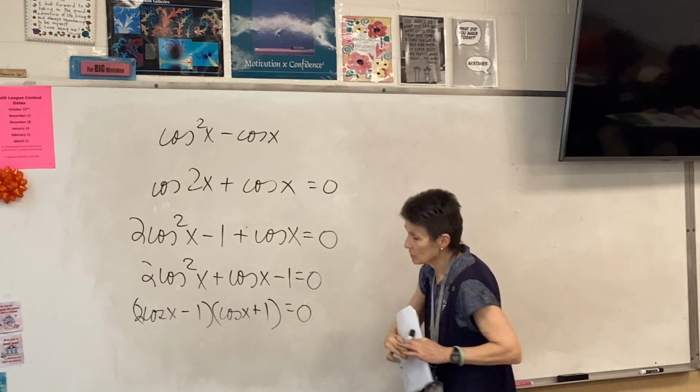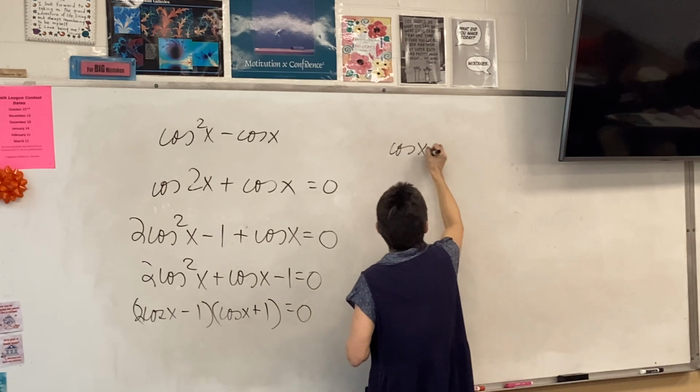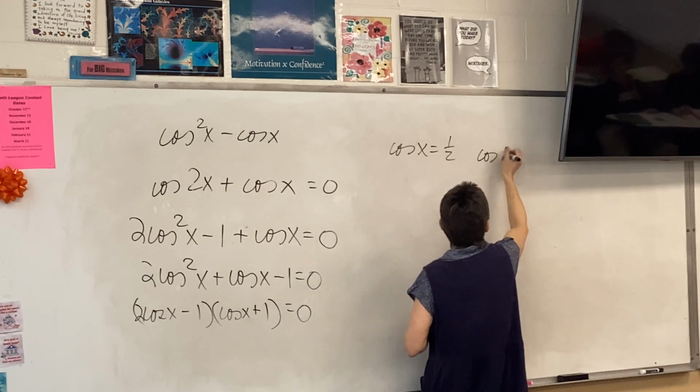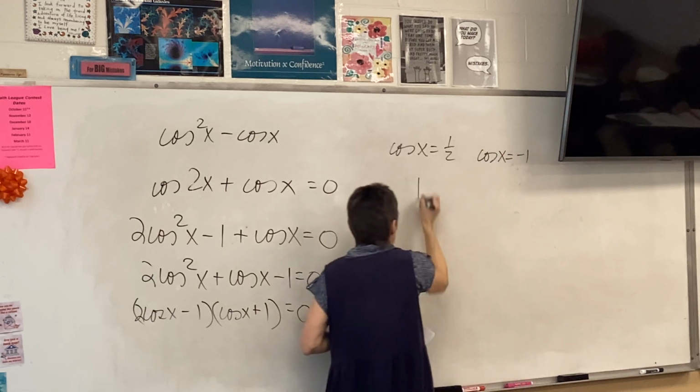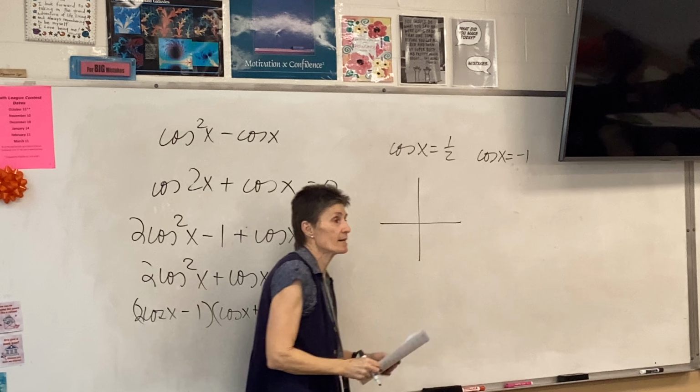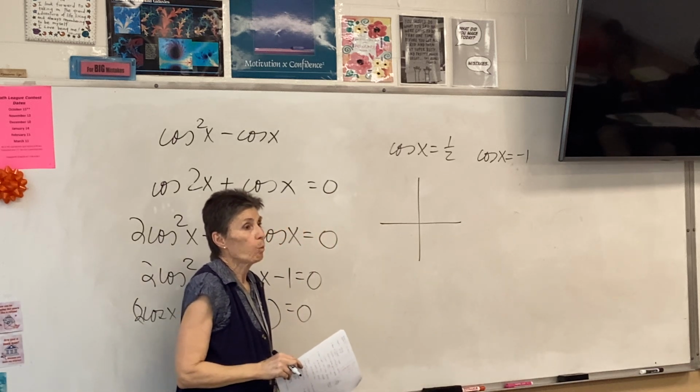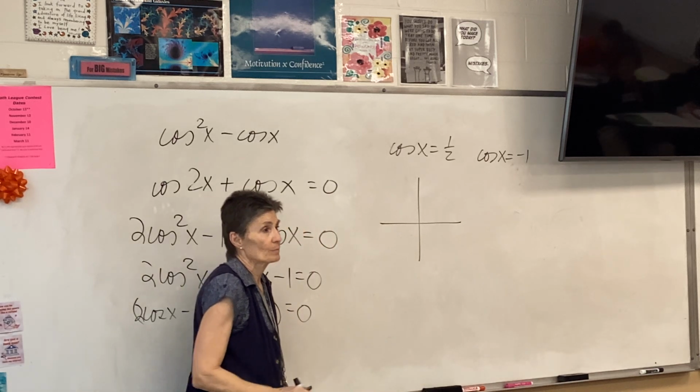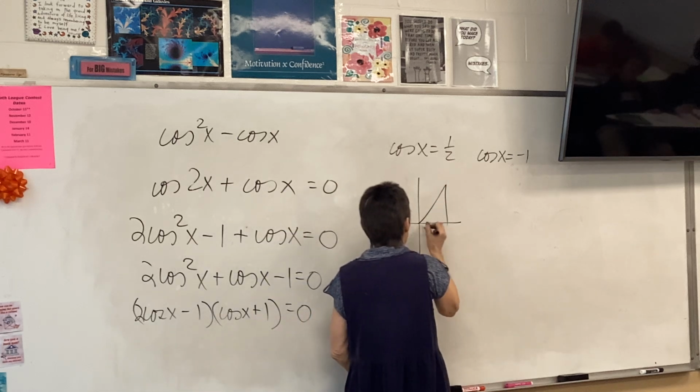So where does cosine equal 1/2? What quadrants would that be in? 1 and 4.